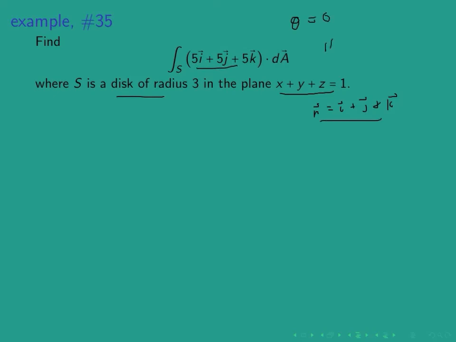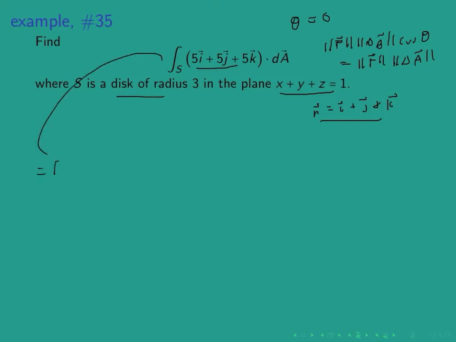So when we think about the magnitude of F times the magnitude of delta A times the cosine of the angle between them, as we've seen before, this simply turns out to be the magnitude of F times the magnitude of delta A times cosine of 0, which is 1. So this integral turns out to be quite nice.